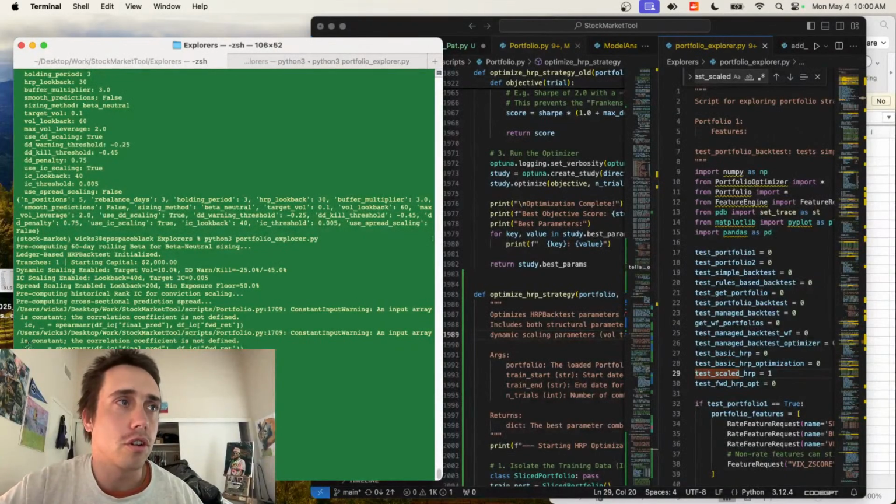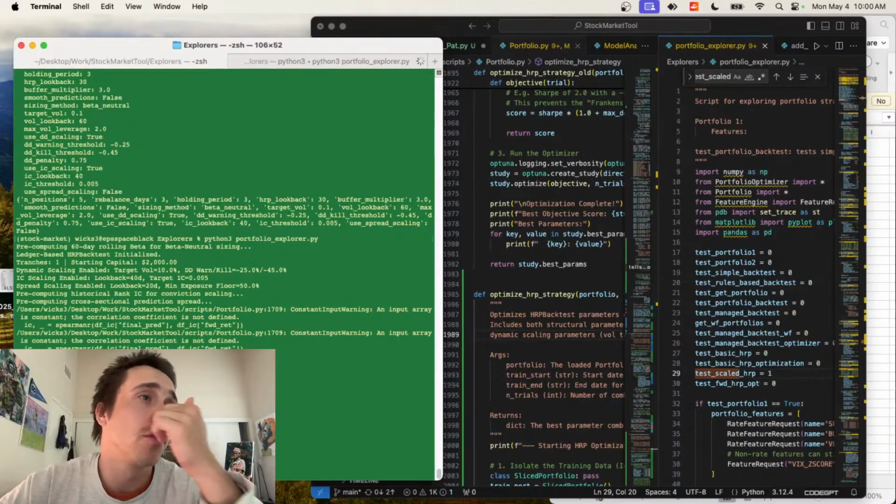And here the max drawdown was 337 days. So that's actually pretty interesting. It did find a good solution for COVID.